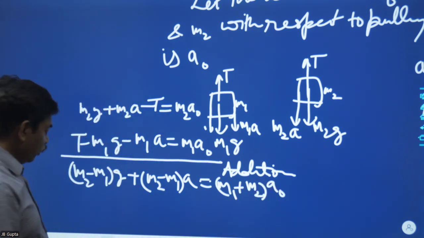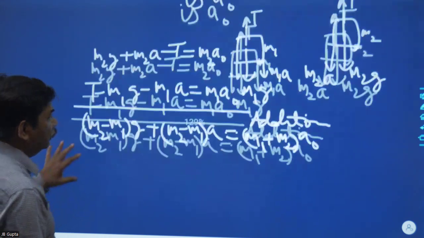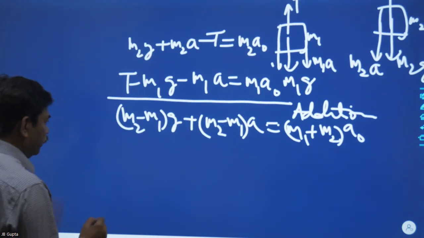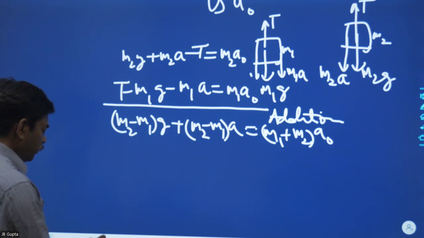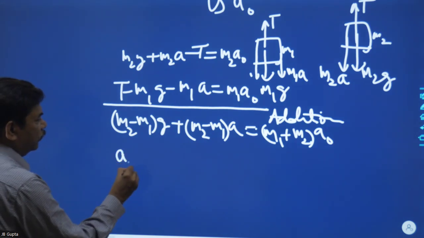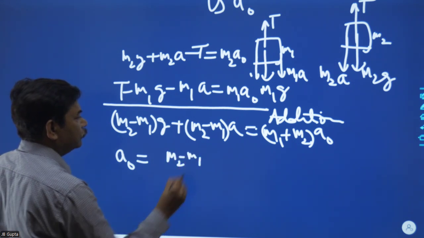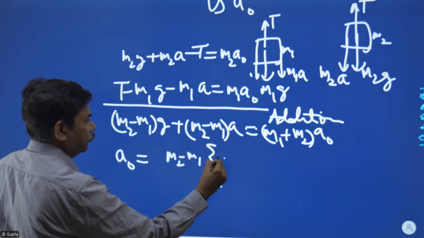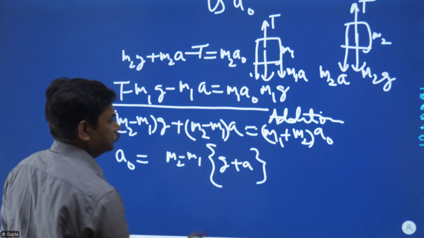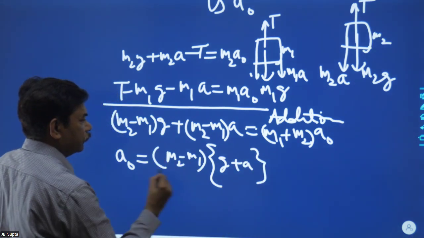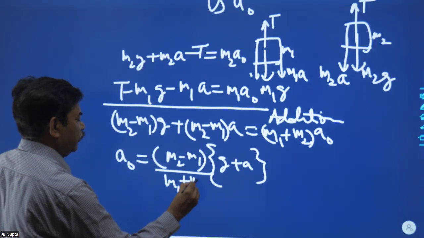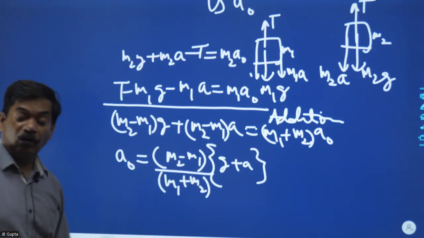So from here you get the value of A0. A0 is equal to (M2 minus M1)(G plus A) upon (M1 plus M2). This is the value of A0.